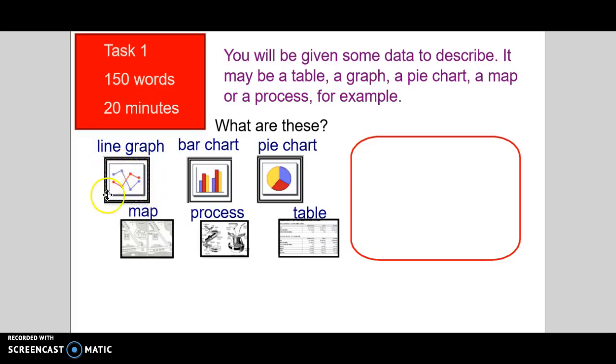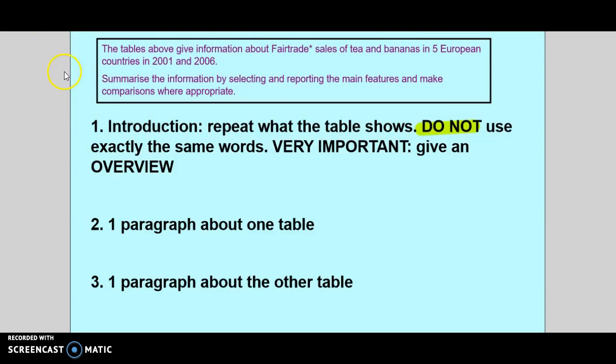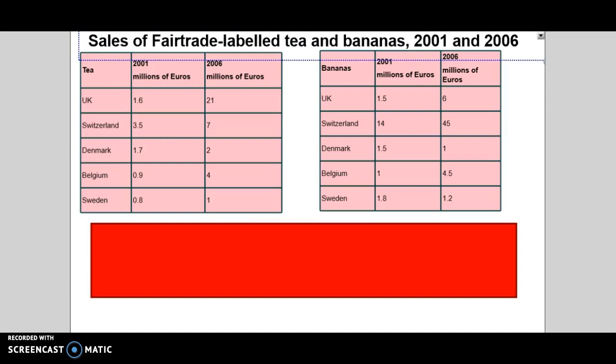So this is a line graph, this is a bar chart, a pie chart, a map, a process, and a table. If you look at this example, this is an example of a possible IELTS task 1 writing for the academic exam.